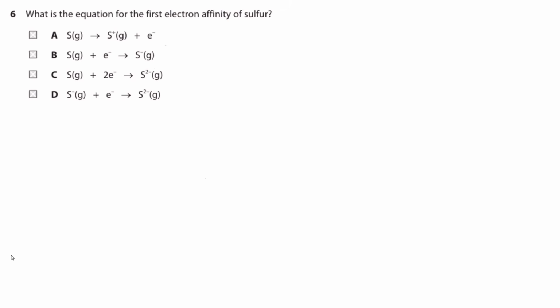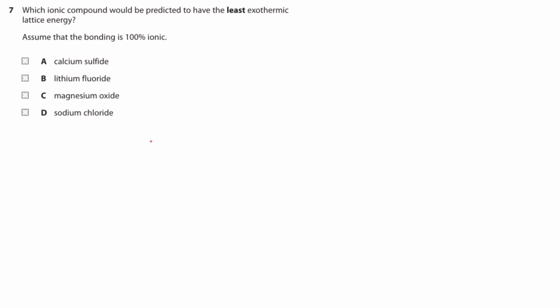Now let's go for question number 7. Which ionic compound would be predicted to have the least exothermic lattice energy? Right. So remember this relationship. Lattice energy, I'll call it LE, is directly proportional to the charge of the ions.